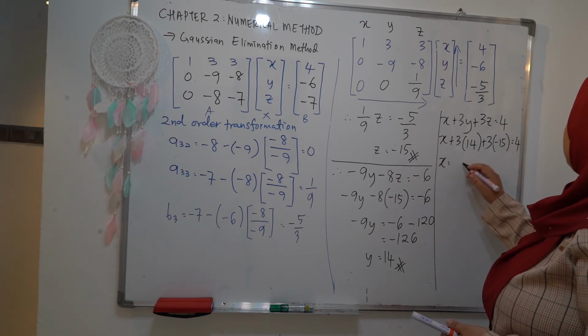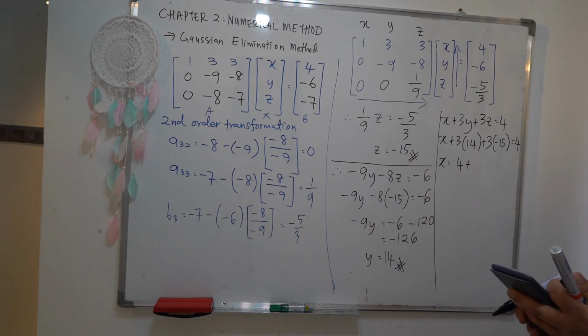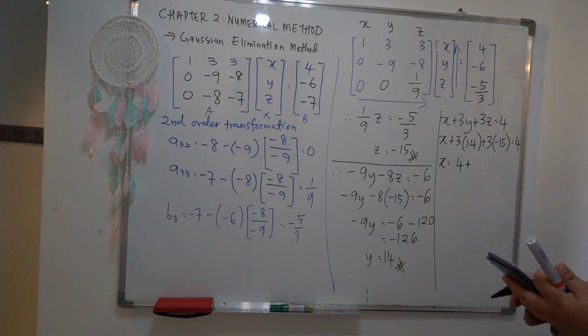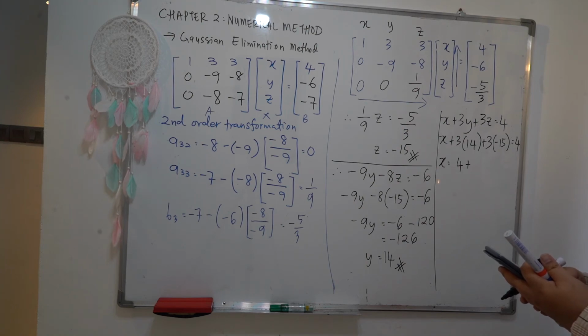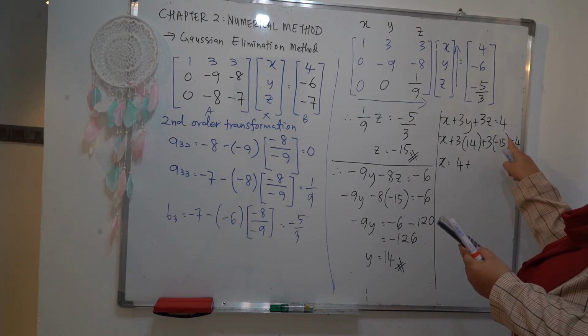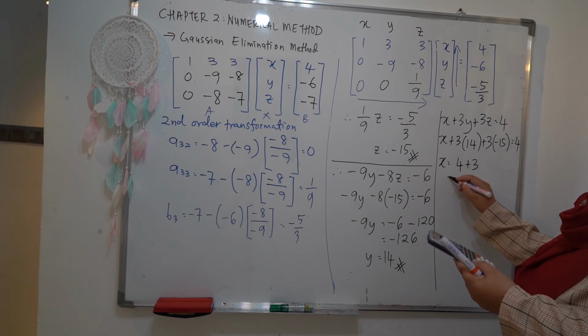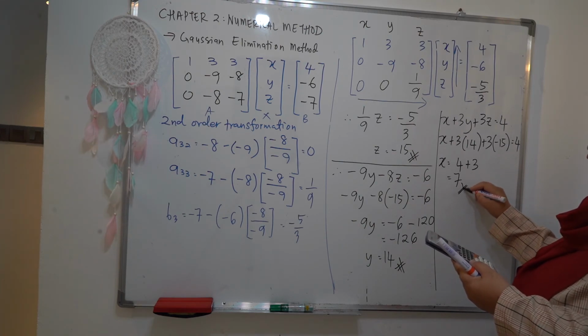So x equals, I get here negative 3. So when I move, I get 4 plus 3, so I get 7.